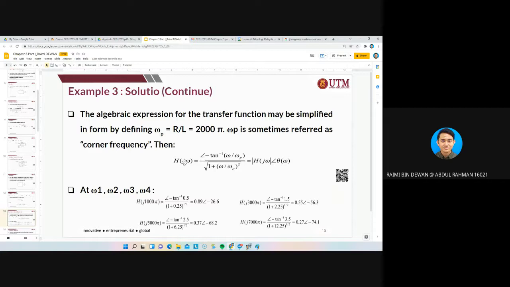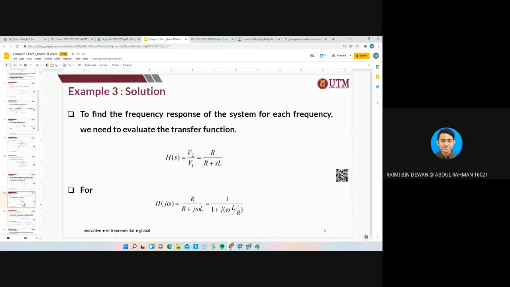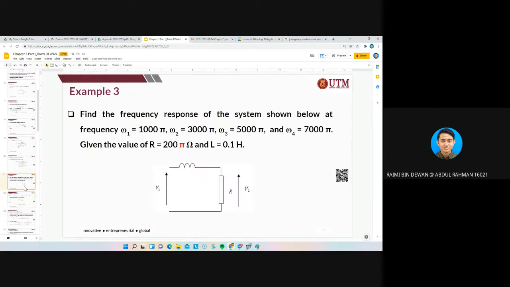Then you have H(j omega) equals 1 over the square root of 1 plus (omega over omega p) squared, with angle negative inverse tangent of omega over omega p. You defined omega p equals R over L equals 2000 pi. If you move to here, R over L is 200 pi divided by L, and L is 0.1.